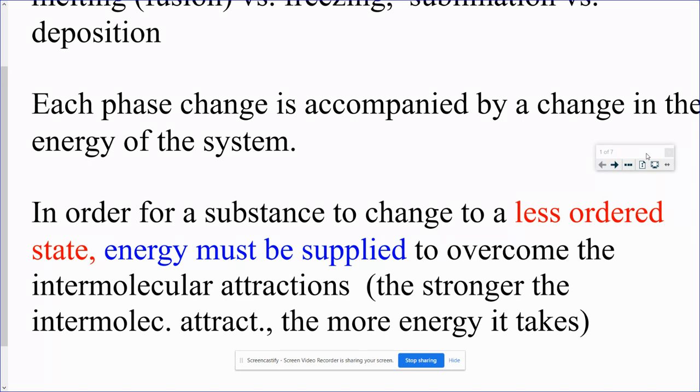Energy is supplied to break apart, for instance with water, the hydrogen bonded molecules in the solid to let them become a liquid, and then just some of the hydrogen bonds are broken. Then for the liquid water to become a gas, all of the hydrogen bonds have to be broken. So that takes energy.